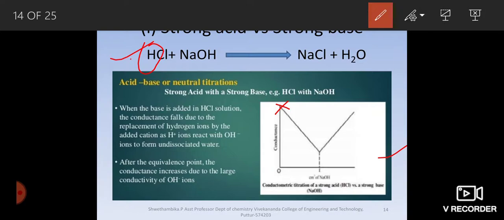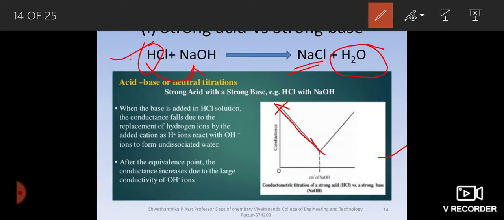Then what happens when we add NaOH? These H plus ions are replaced by NaOH and neutralization sets in to form water molecules. So automatically conductance would be decreasing. But then conductance don't fall to 0 because there is formation of sodium chloride.